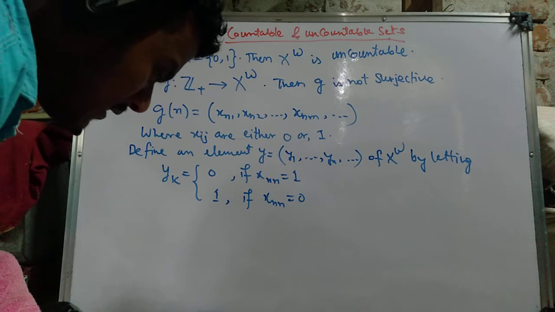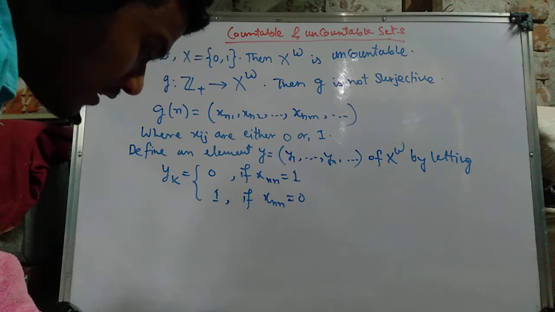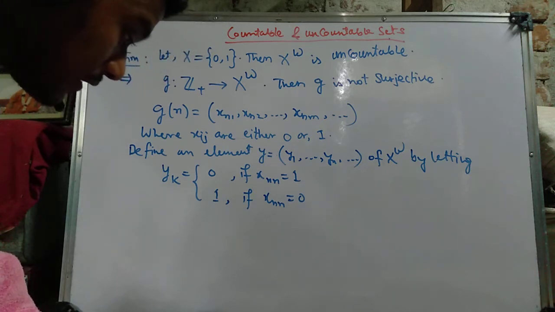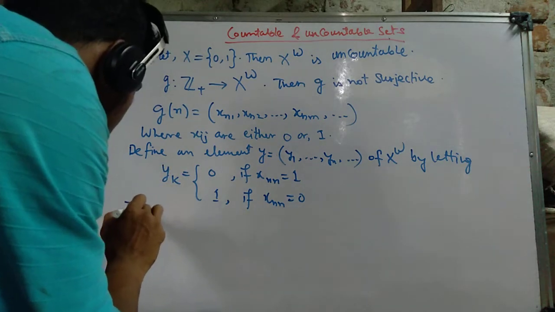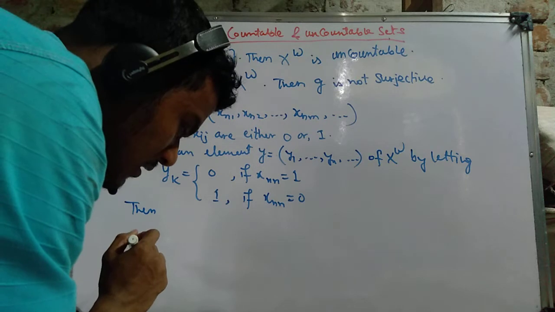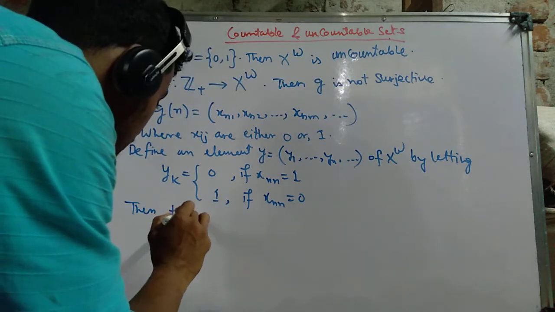Then the particular element xn appears in the diagonal entries of this array.